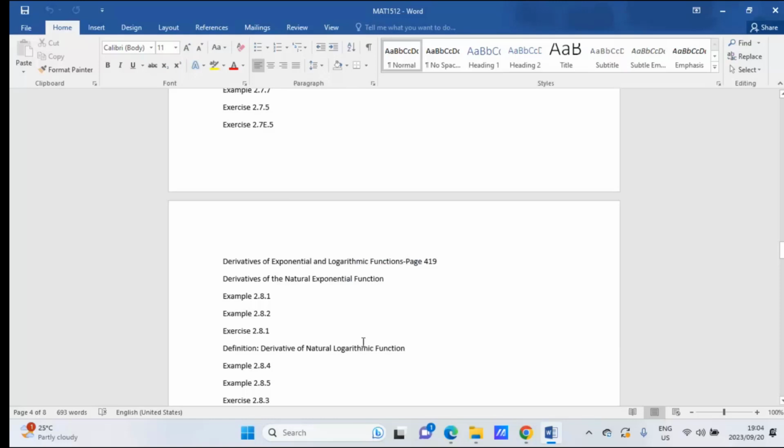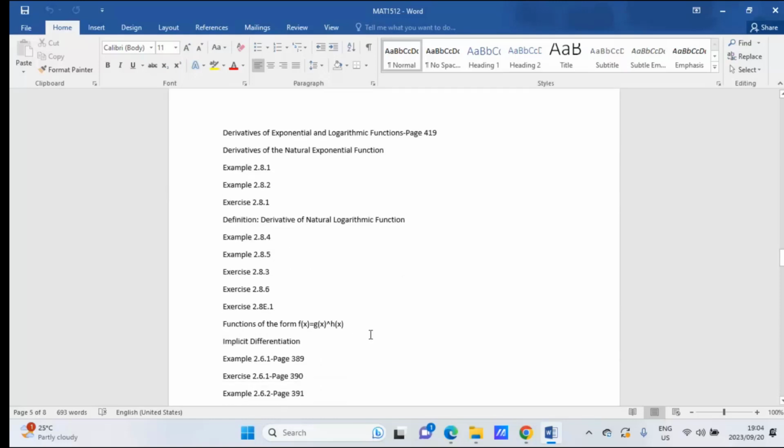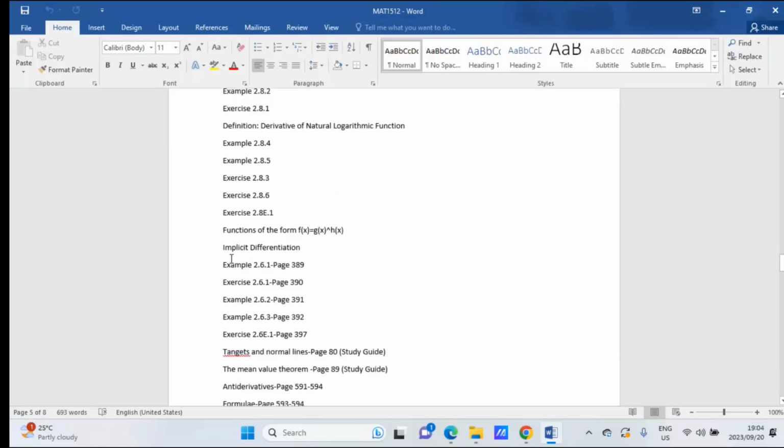Then from there, we will move on to derivative of natural logarithmic functions. From there, remember that section in the study guide. Implicit. That one, please do me a big favor. Go through it.